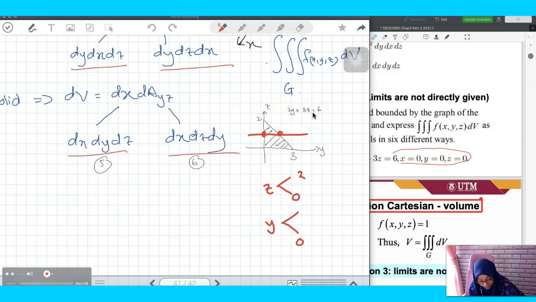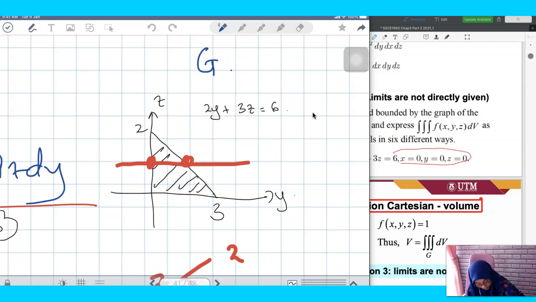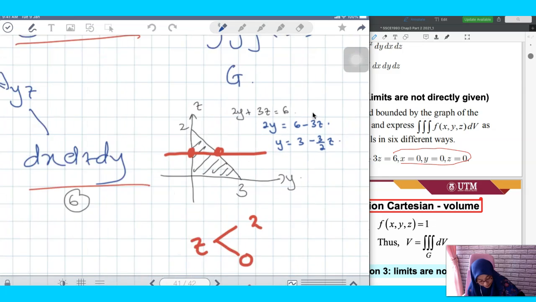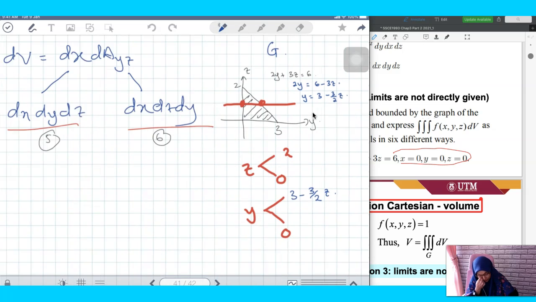So you have to rearrange that equation to be just y. So 2y equals 6 minus 3z, y equals 3 minus 3 over 2 z. So that is the limit of z and y.